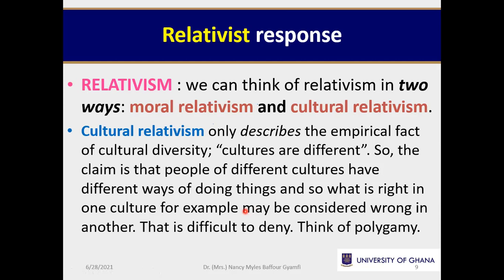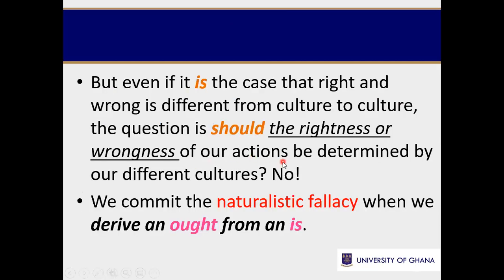You are saying that cultures are different, therefore what is right or wrong should also be different. You are moving from the empirical fact of differences to conclude that, therefore, the question of ethics, what is right or wrong, should also be different. Now that is problematic. So let's see how that goes.